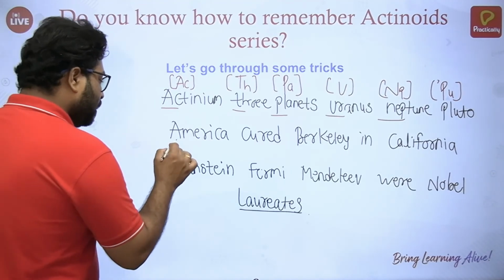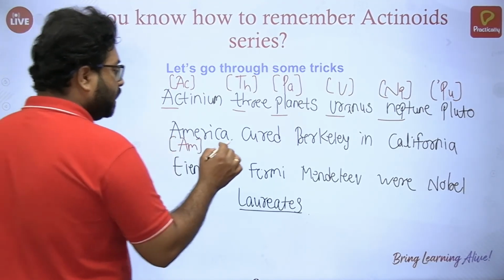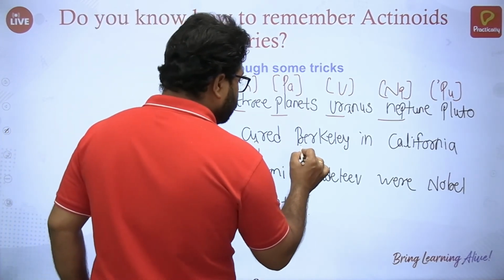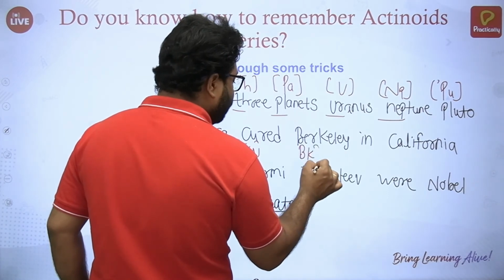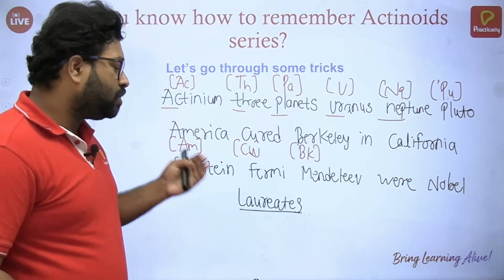Then Am, americium. Then curium, berkelium. Obviously these all were the names of scientists, right? Americium, curium, berkelium.